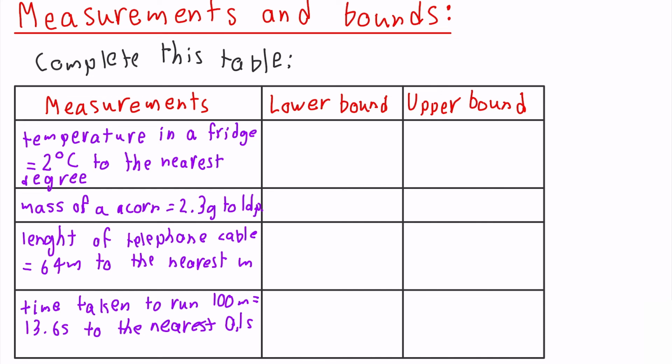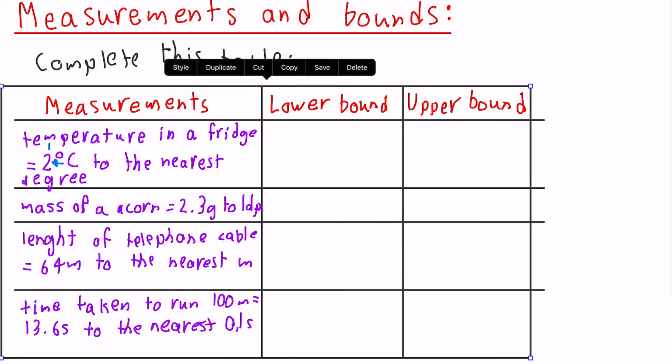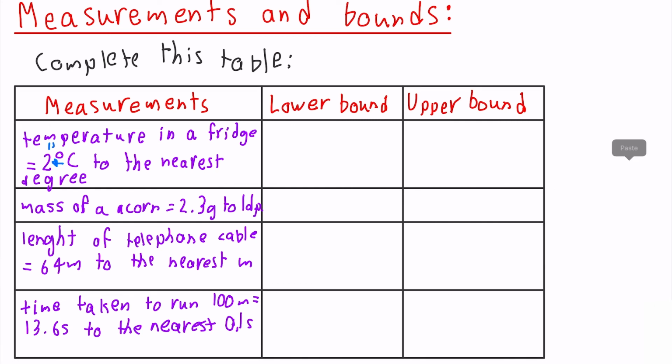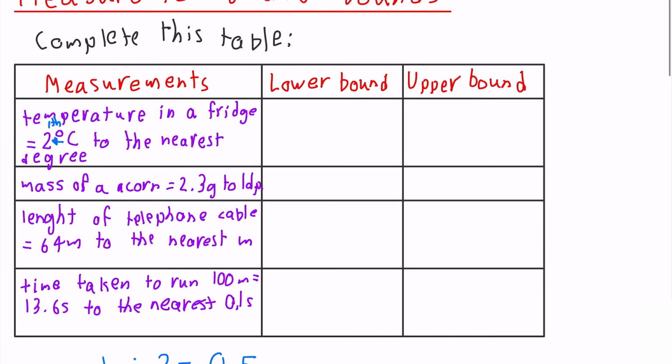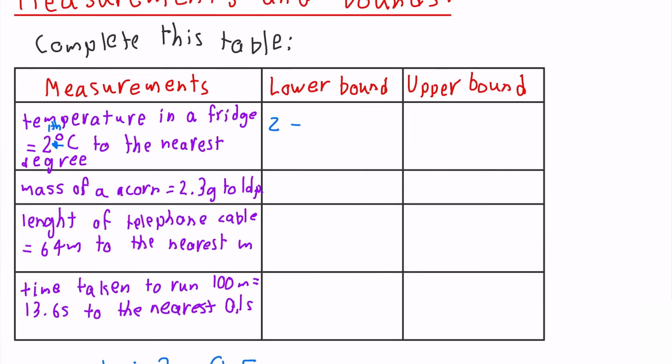The first digit from the right is the 1s term, so 1 divided by 2 equals 0.5. So 2 minus 0.5 equals 1.5, and 2 plus 0.5 equals 2.5.